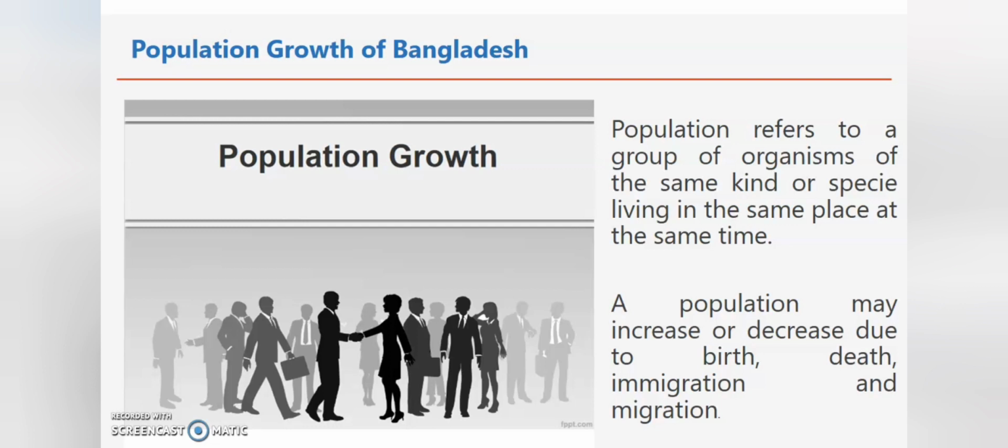As all of you know, population refers to a group of organisms of the same kind of species living in the same place at the same time, and a population may increase or decrease due to birth, death, immigration and migration.